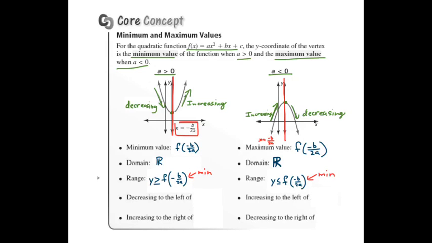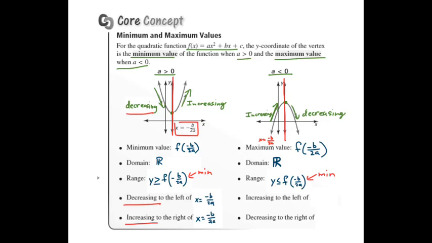And remember this one, this was decreasing to the left of the axis of symmetry. So it all has to do with increasing and decreasing. Well, this one was decreasing on the left side of my axis of symmetry, and your axis of symmetry is still x equals negative b over 2a. And it was increasing to the right of x equals negative b over 2a, that line.